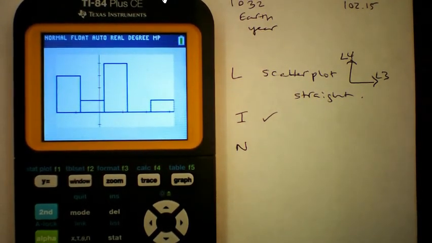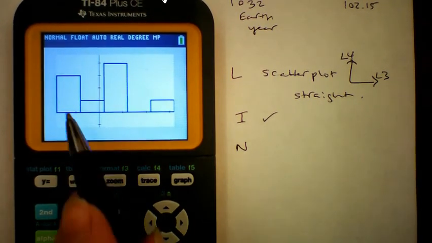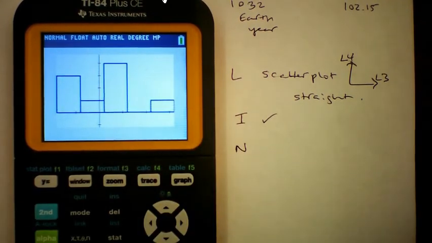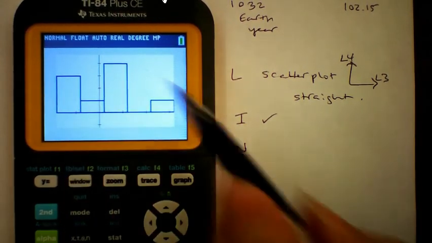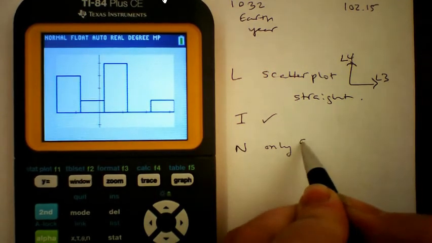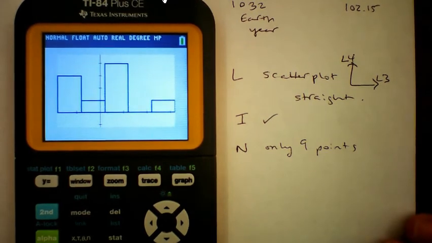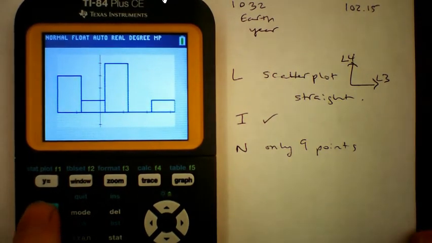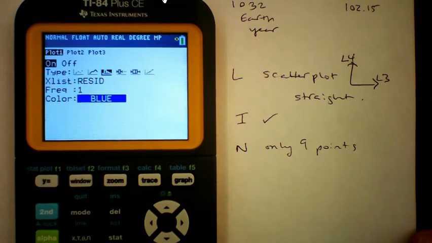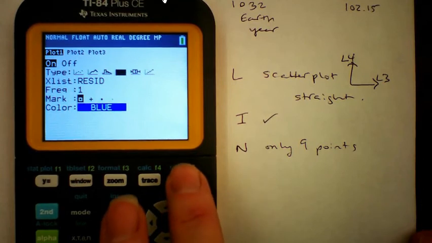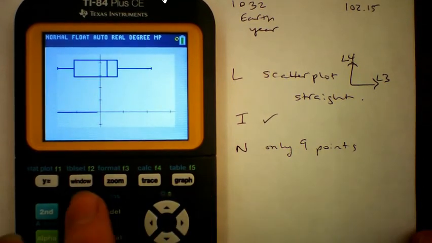There are not very many points here, but I don't know. I'm going to look at the box plot, but right now with only 9 points, how good can it really be? We're under 15. So let's try the box plot. You could really just go right to zoom 9.